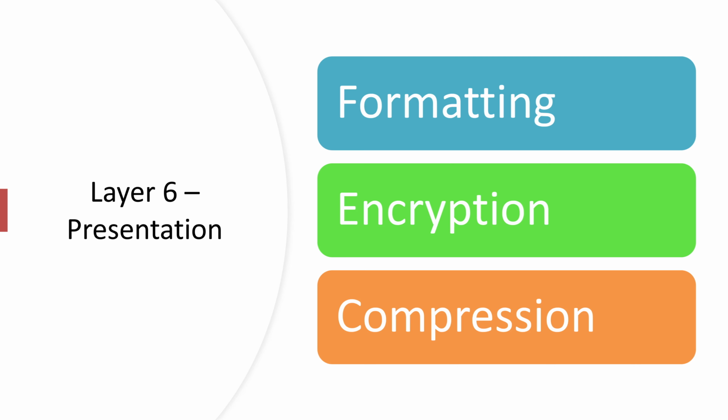Then finally, the last layer, layer 7, the application layer. This is the layer that is closest to the user. It includes network services such as web browsing, email, file transfers, and remote access. This layer does not include application software.